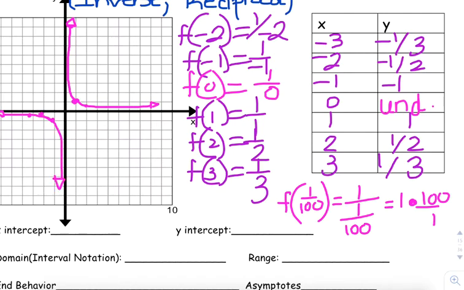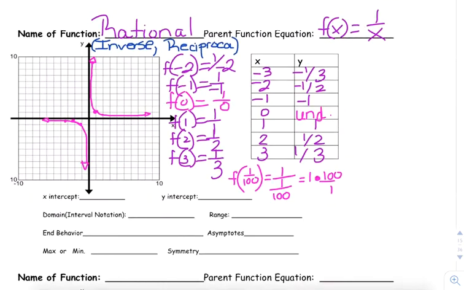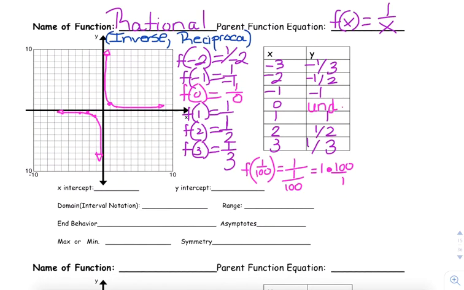So this is the complete shape of our rational parent function. We have no x-intercept, no y-intercept because of our asymptotes. I'm going to come back to the domain and range.